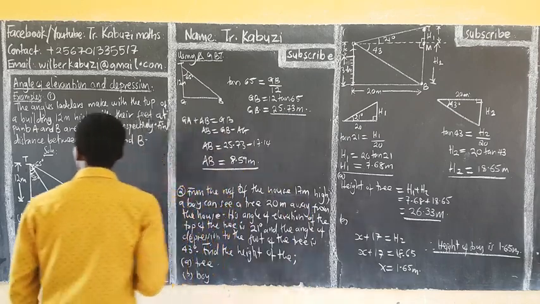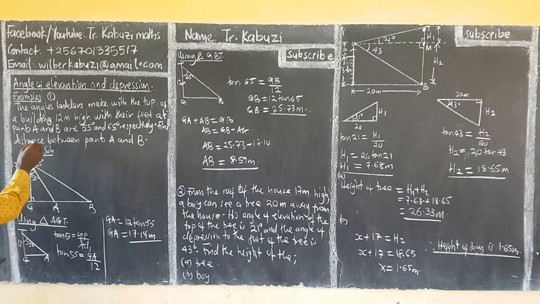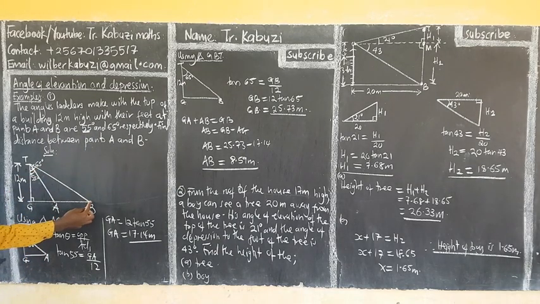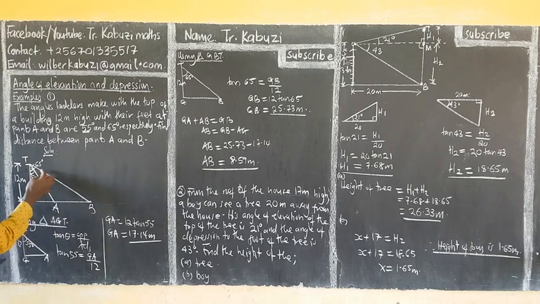Now look at this. They're telling us that point A is going to make an angle of 55 with the top of this building. If this is 55, it means the one which will make 65 is going to be at a longer distance from the wall than the one making 55. That's why mine here, which is 55, is at a shorter distance from the wall than the one at 65.